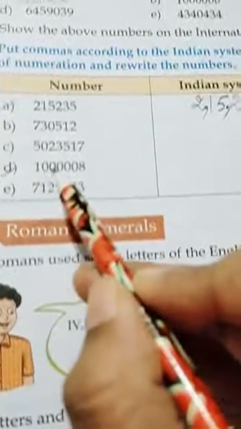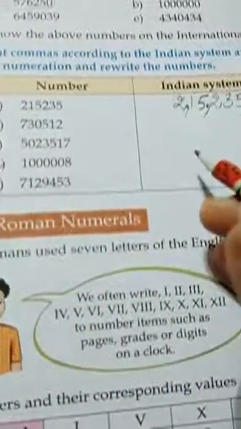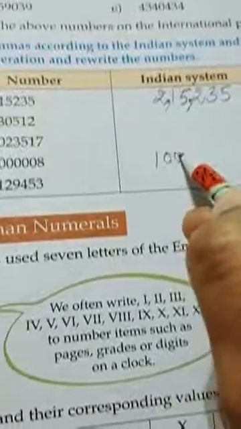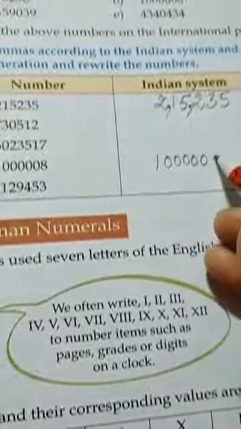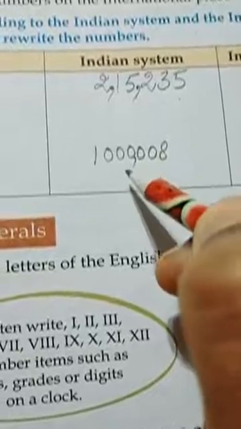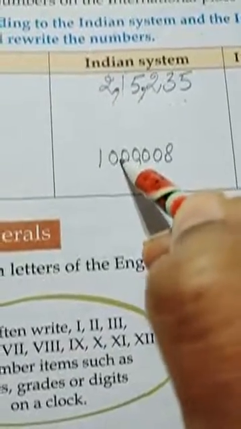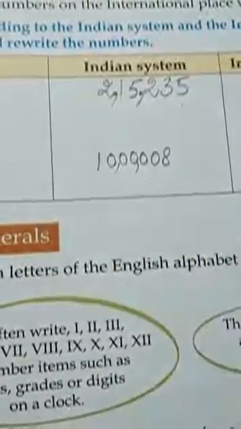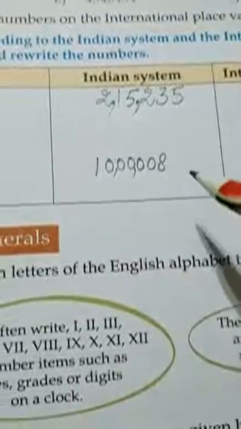There are 1, 2, 3, 4, 5 zeros. Here ones, tens, hundreds, comma, then thousands, ten thousands, comma, then lakh and ten lakh. Like this the comma will be used.